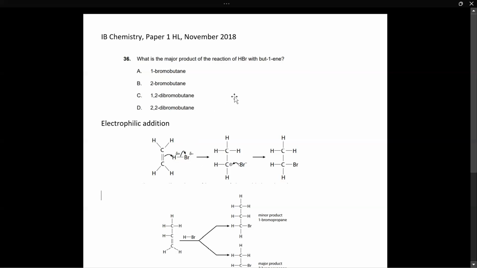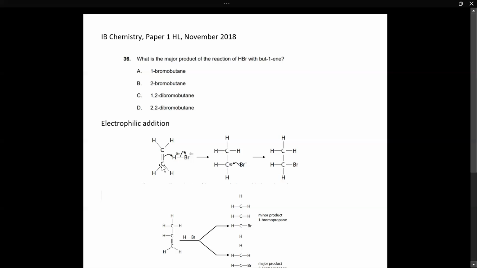Now, remember, in exams, many times you're going to be asked to draw this reaction, and IB is very, very particular about the arrows, how you draw the arrows, which direction they are going in, where they are coming from. So please remember, in an electrophilic reaction, the arrow should be coming from the double bond towards the hydrogen, not the other way around. Not from the hydrogen to the double bond, from the double bond to the hydrogen.